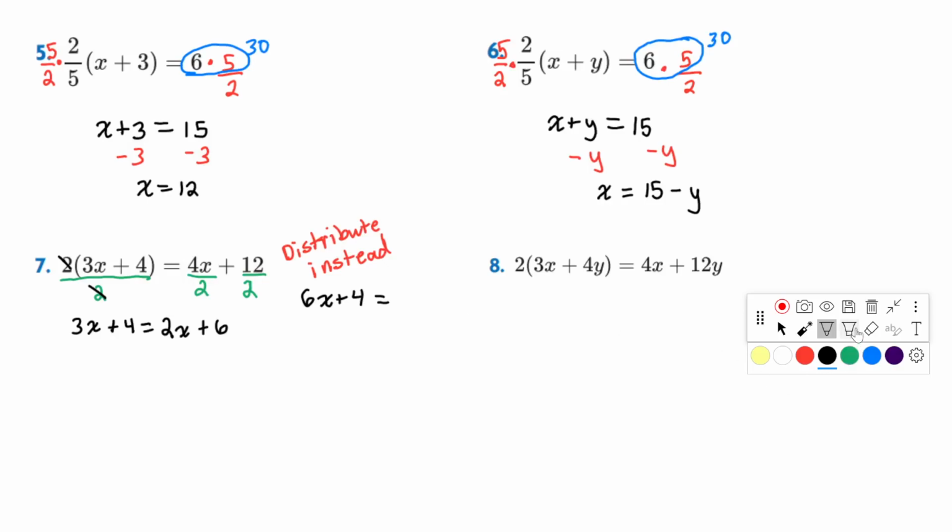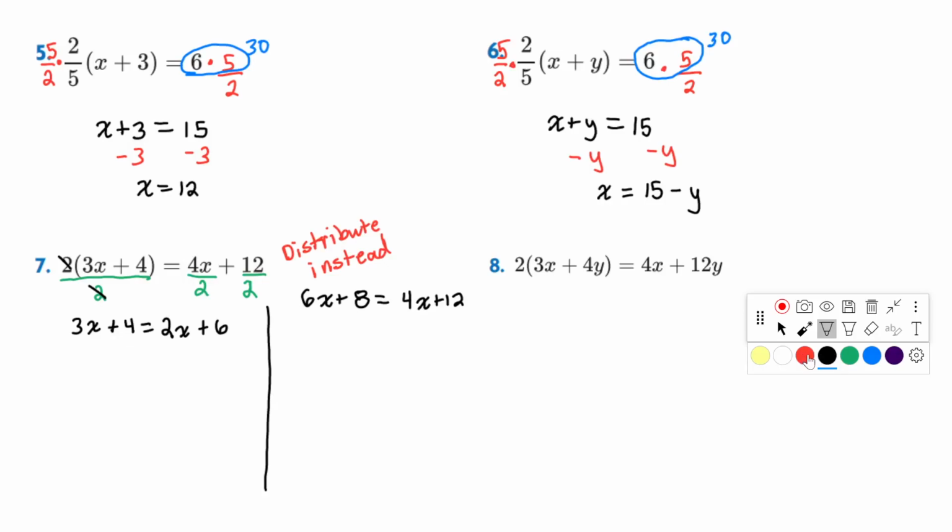Oops, excuse me, I have to do 2 times 4. 2 times 3 is 6x, 2 times 4 is 8, equal to 4x plus 12. We only have to distribute on the left side. It doesn't matter which method you're using. The next steps are pretty much going to be the same.